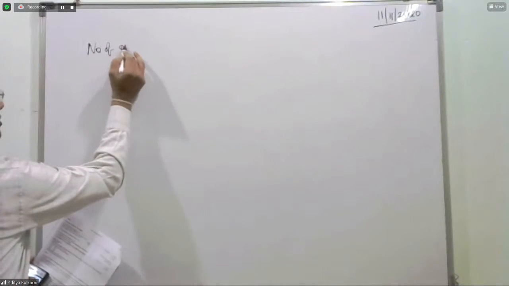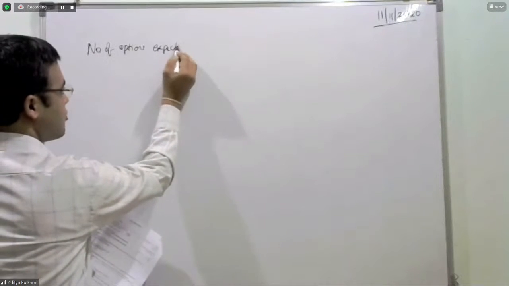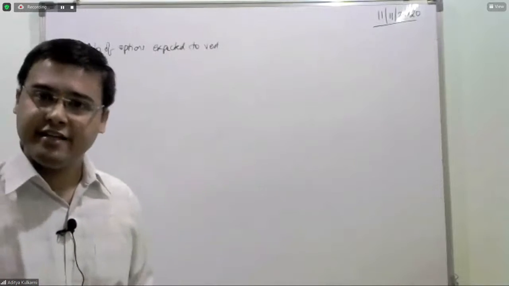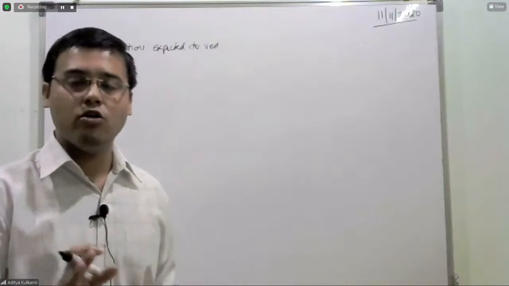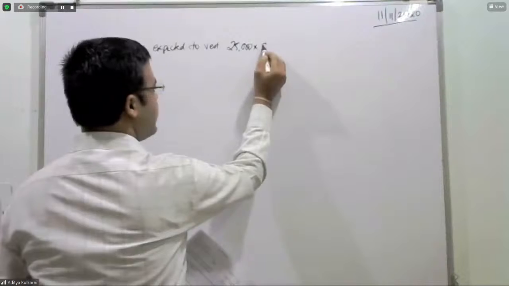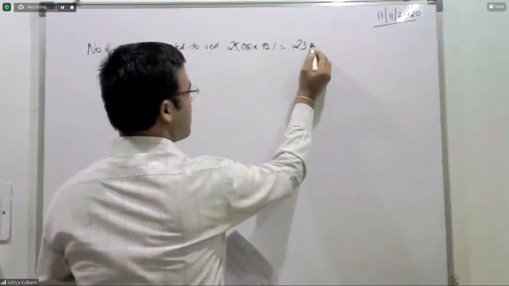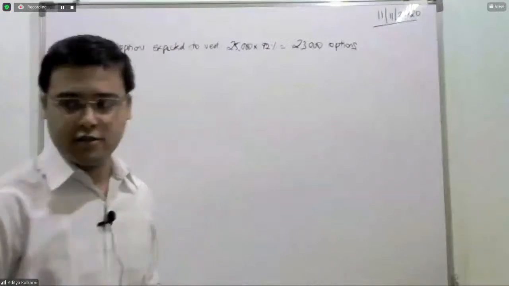Now, number of options expected to vest. How much is that? 25,000 options, but you thought 8% will not vest. So how much will vest? 92%. So 25,000 into 92%. That gives you 23,000 options.